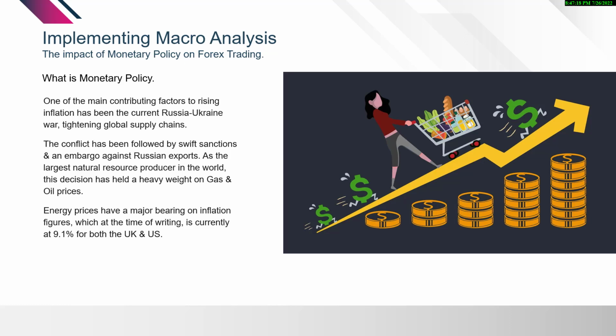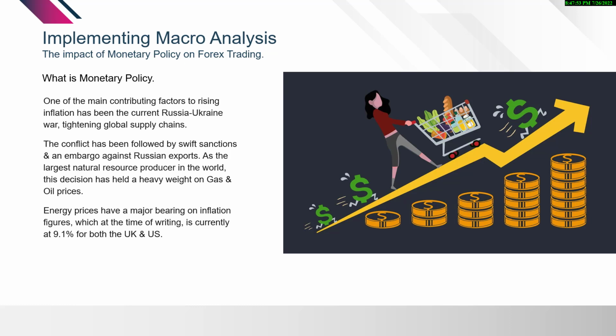So the conflict has been followed by swift sanctions and an embargo against Russian exports, which for me, I think the powers that be did not really think properly regarding these embargoes that they put over Russia. So, as the largest natural resource producer in the world, which is Russia, this decision has held a heavy weight on gas and oil, thereby bringing about the energy crisis that we are having at this moment in time.